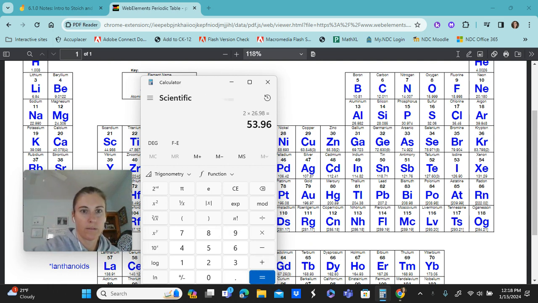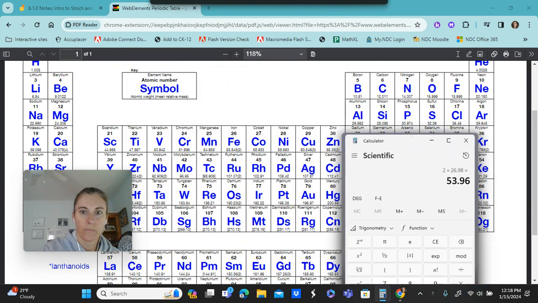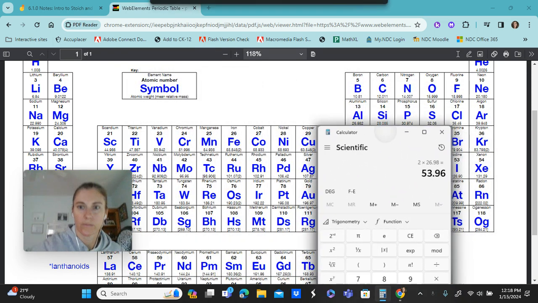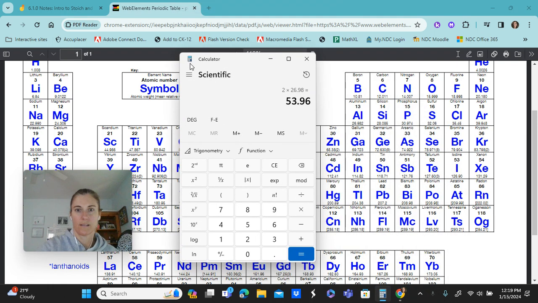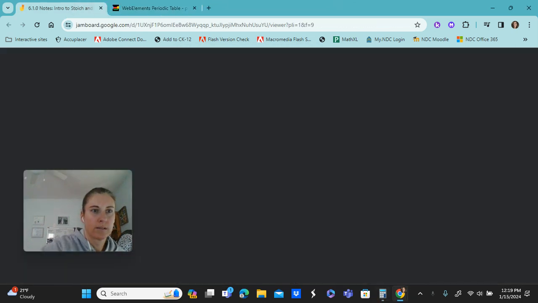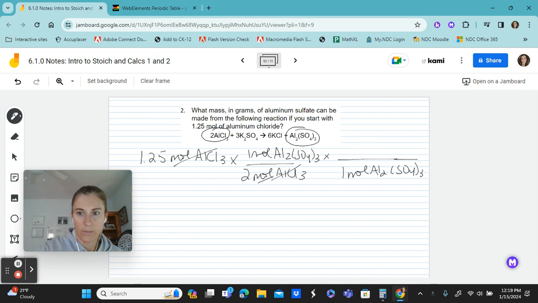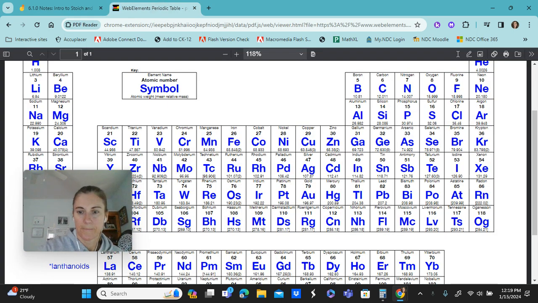And remember, aluminum is right there. So, and then we're going to add that. So aluminum's Al2. Okay, we have 3 sulfurs and 12 oxygens.